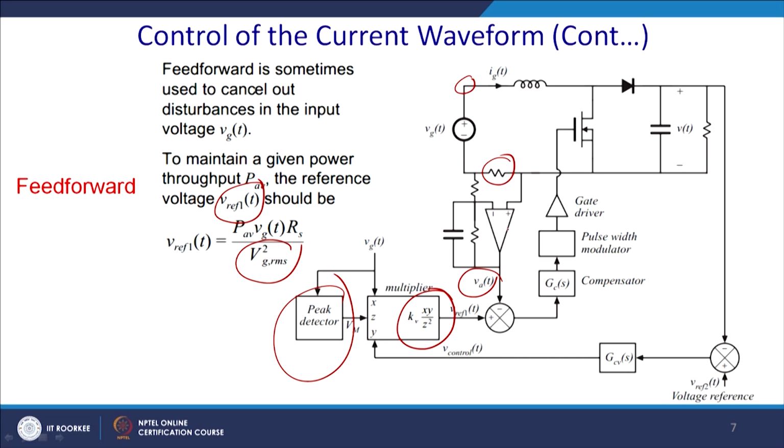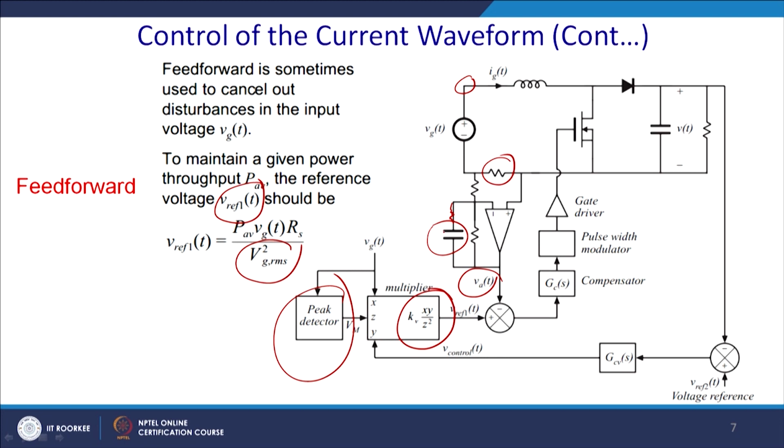PI controller. This part basically integrates, and this part is proportional, and generally it is required to put a small resistance in theoretically to have a bandwidth of the system. Bandwidth of the system will be related to the switching frequency of the MOSFET or the IGBT driver.